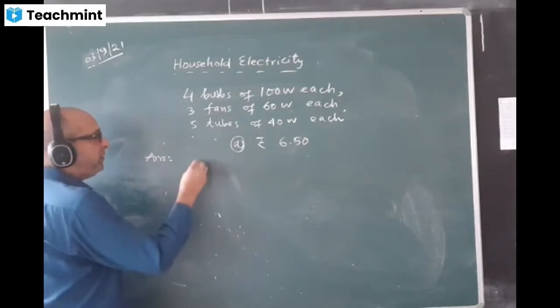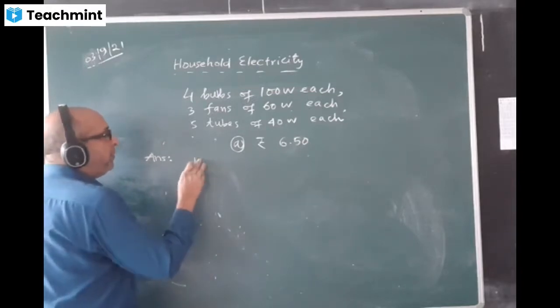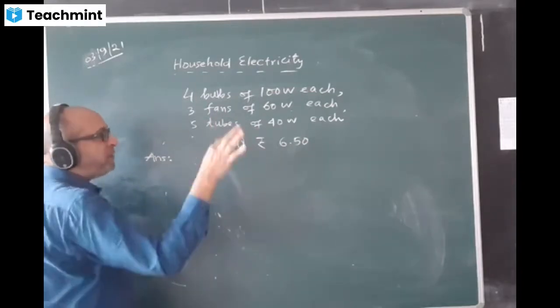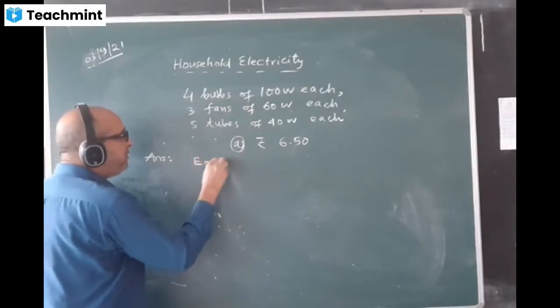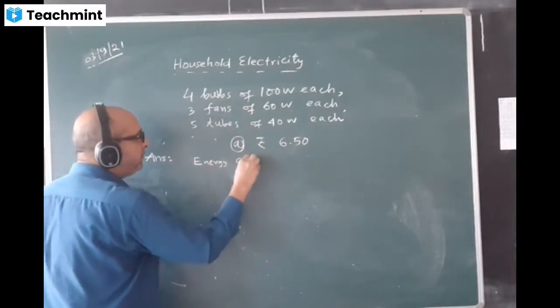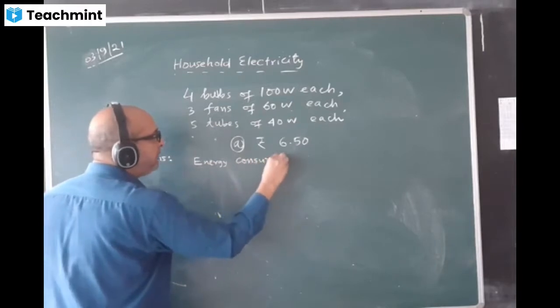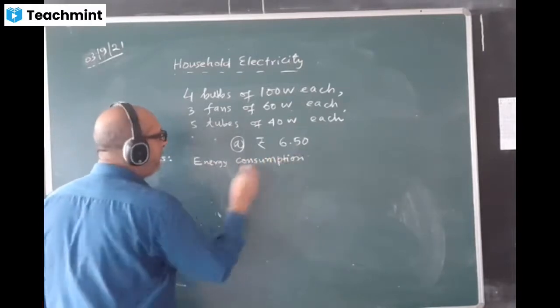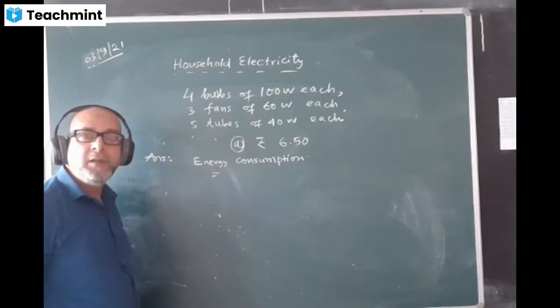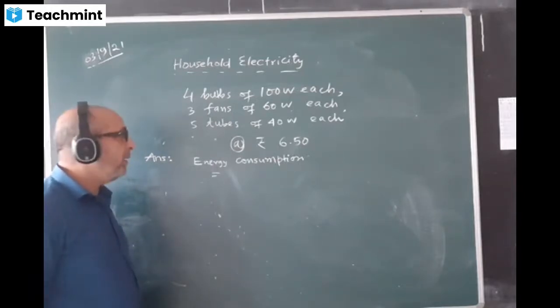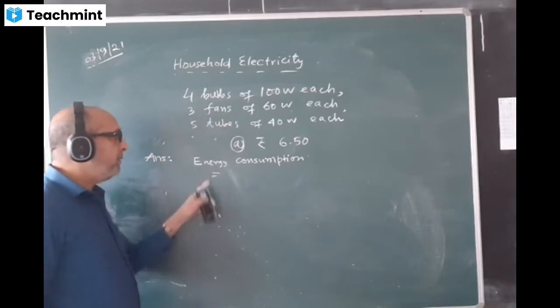First, all of them are used an average of 10 hours, so we can do that together. Energy consumption we are finding, which is P into T, power into time.